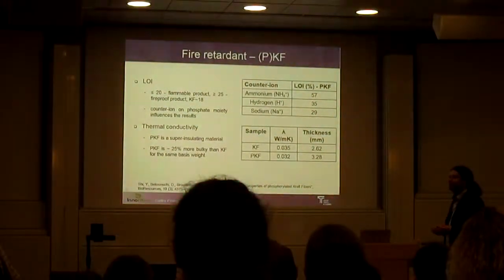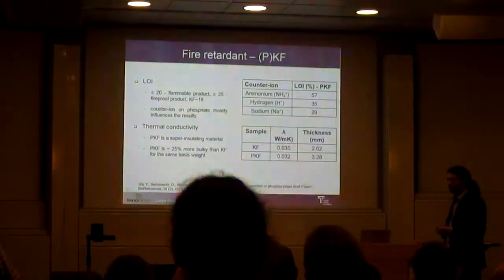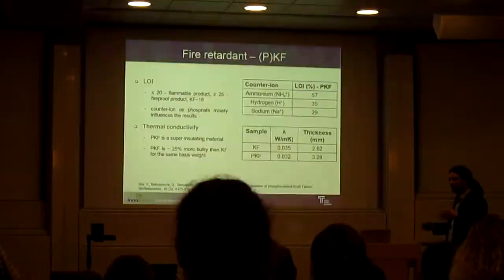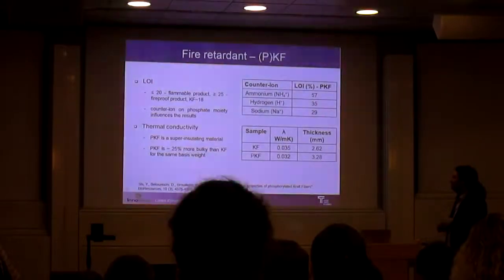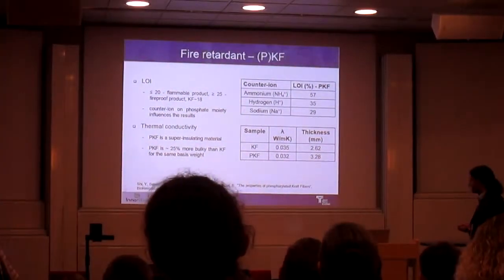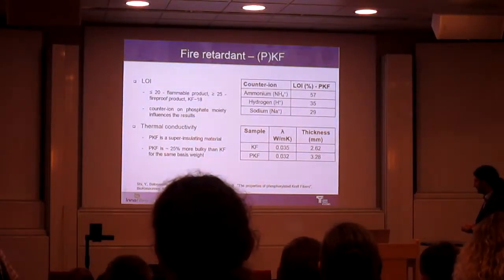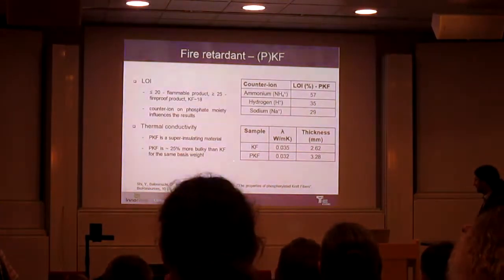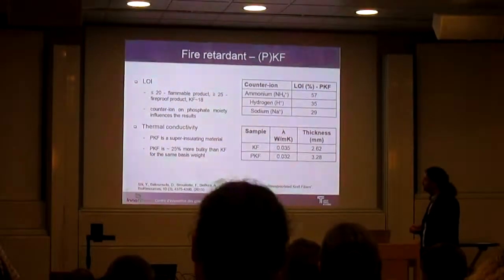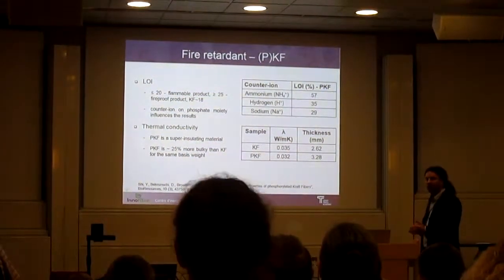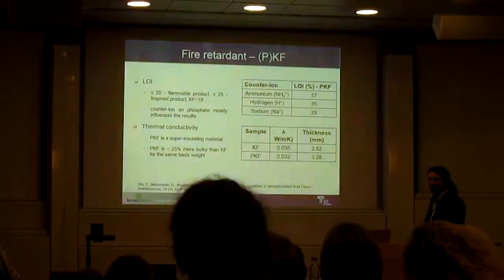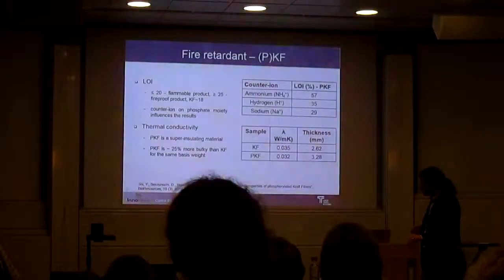Because PKF, due to this huge charge located at the surface, will create a repulsion between the fibers, which will create a more bulky, more voluminous aspect of the fibers. On the same basis weight, we have a thicker material, 25% more bulky, which integrates more air, and more air means more insulating behavior.